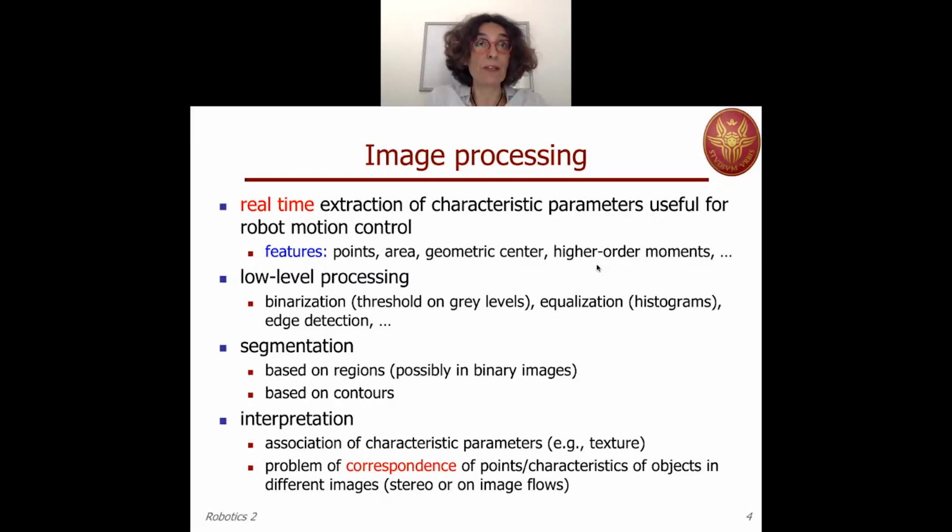We will see that they cannot be arbitrarily complex, because in the end, in providing the mathematical model to find out the control law based on this visual information, we need to relate the motion of these features to the motion of the robot analytically.